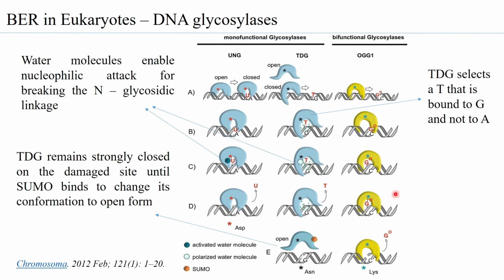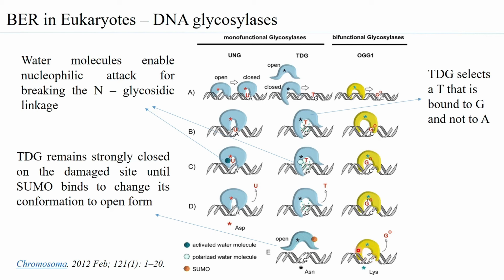So you can see that it has two enzymatic actions. One is breaking the glycosidic linkage between the base and the sugar, and the second is creating a cut in the sugar and the phosphate in order to form a nick. And therefore, you have now not just an abasic site, but you have a nick at the abasic site as well.